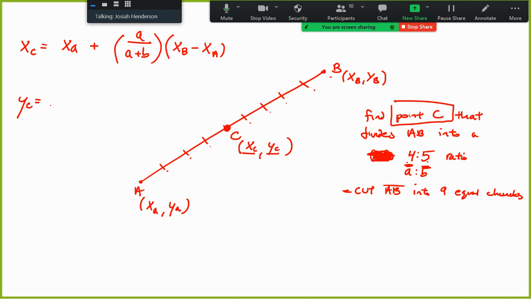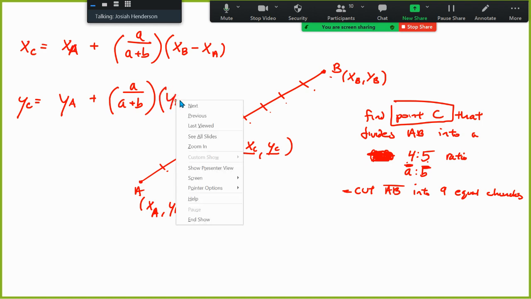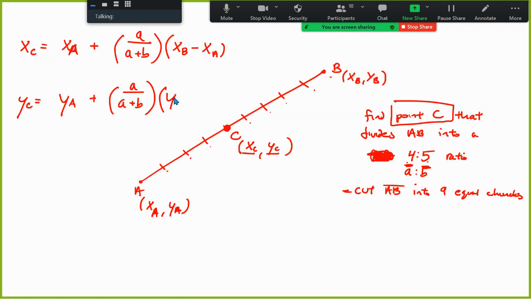And then the y point is very similar. It's just y of a. I'm going to make this capital, actually. Y of a plus the same ratio, or proportion, I guess it is, a proportion, times y of b minus y of a.